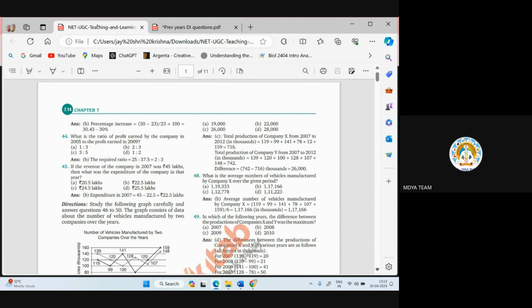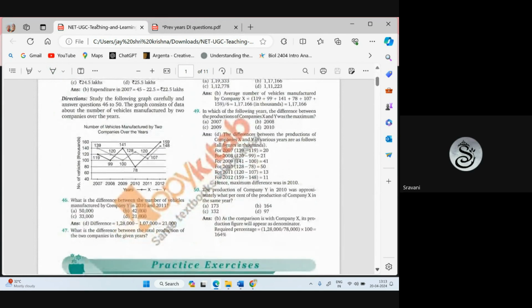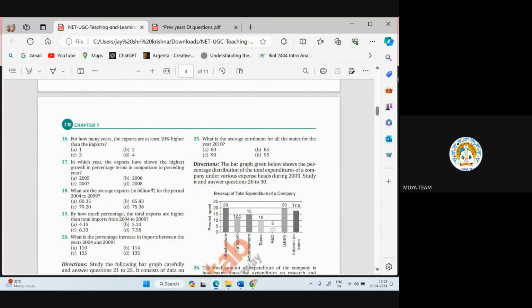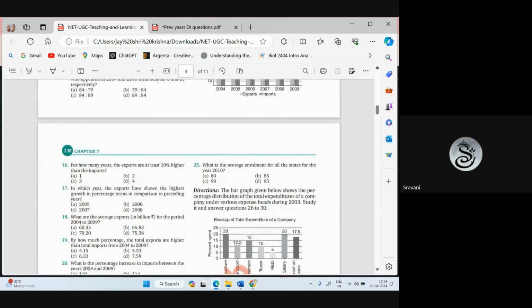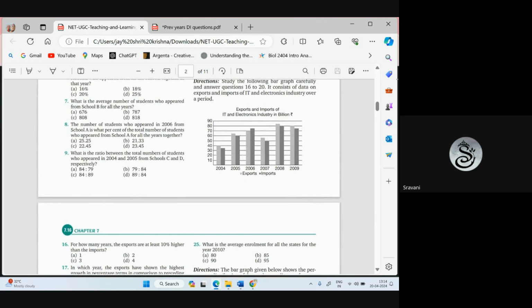Okay, which question? 16th question, sir. How many years are the exports at least 10% higher than imports? Yes, sir. In that I got, in 2005 we have 14, and I got some ratios like 14%, 8.3 and 6.6. There are only two years, one is 10% and another one is 14%.